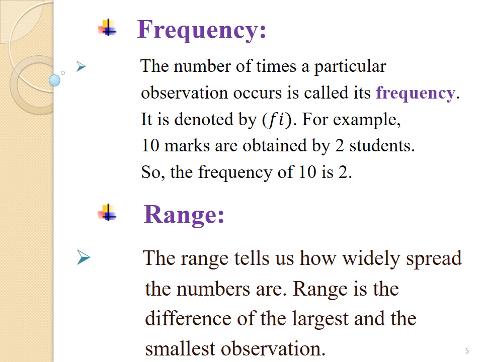The range tells us how widely spread the numbers are. Range is the difference of the largest and the smallest observation. Thus, range of data equals highest value minus lowest value.